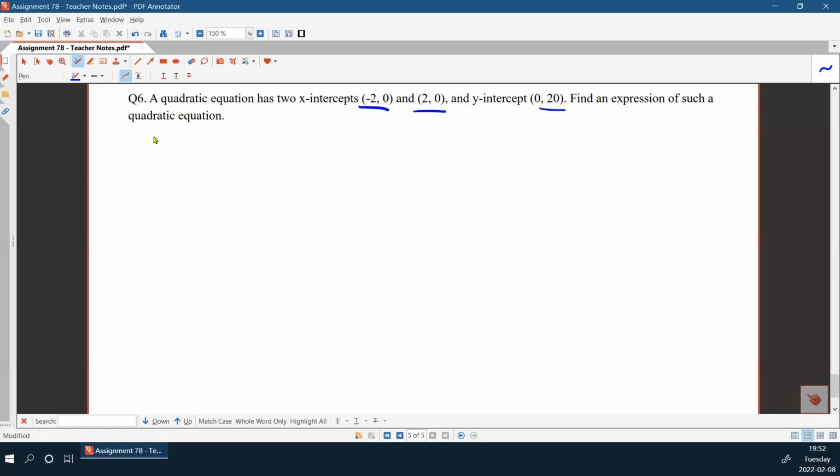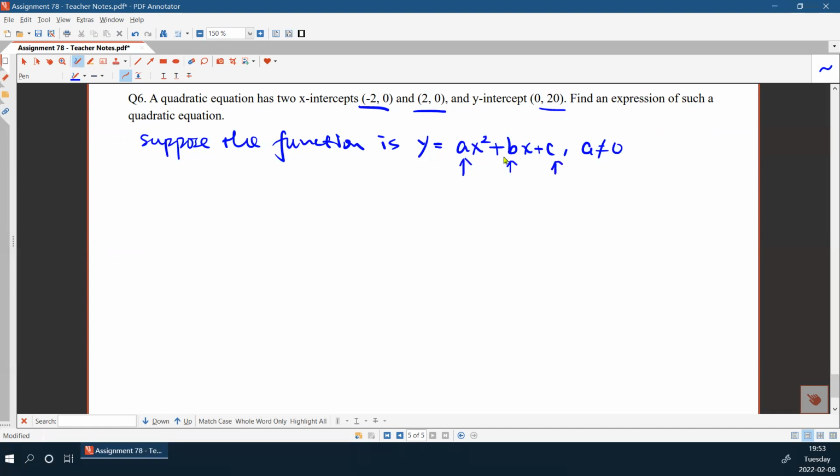So again, we can say, suppose the function you are looking for is y equals ax squared plus bx plus c, where a is not 0. Because we don't know the vertex, we can use a general form quadratic function, right? And in order to solve a, b, and c, we need 3 equations.